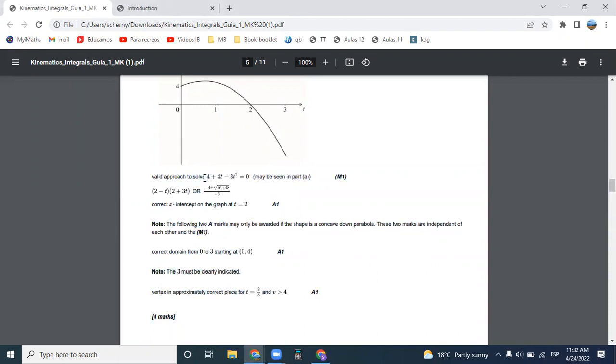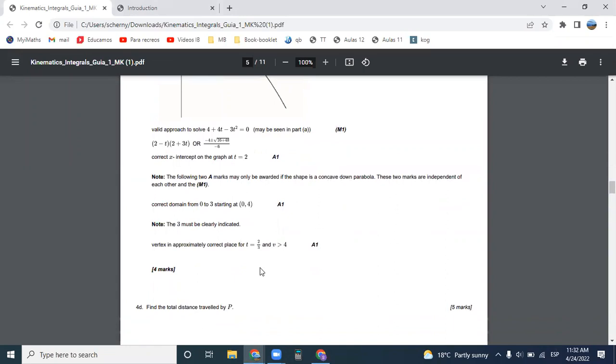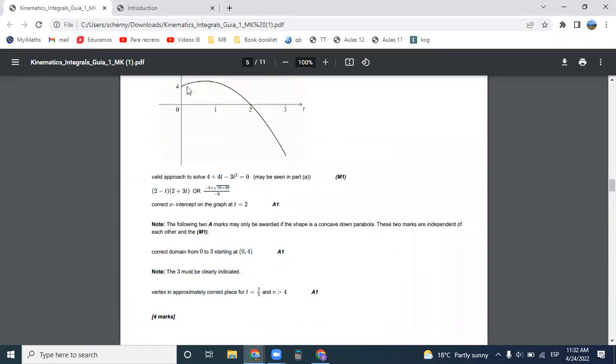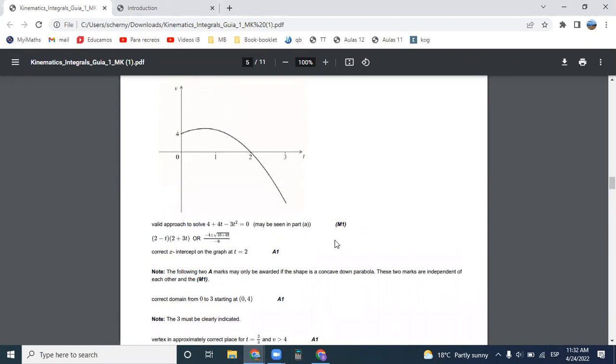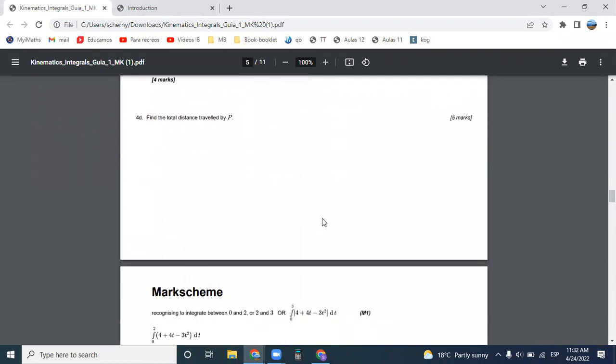Solving the root with the formula is 1 point. Correct domain from 0 to 3 is 1 point, and that is very important. Okay, starting at 0, 4, which is the y-intercept, this is 1 point. And then the 3 must be clearly indicated, it says, okay. And then vertex in approximately correct place, okay, so in 2/3 here, that is another point, and the velocity should be greater than 4, okay?